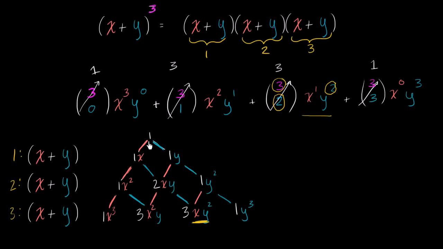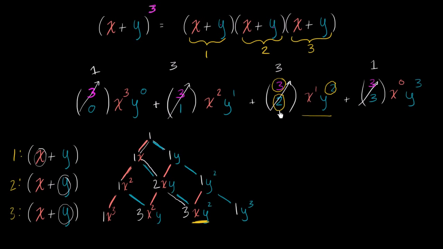There's this path right over here that gets us there. That's equivalent to picking the x from expression 1. Notice we pick the left-hand side. Then we go to the right-hand side, and we pick the y from expression 2. And then we pick the y from expression 3. The last two, we picked the right path, the blue path. So that's essentially one way that we could choose two y's out of these three expressions.